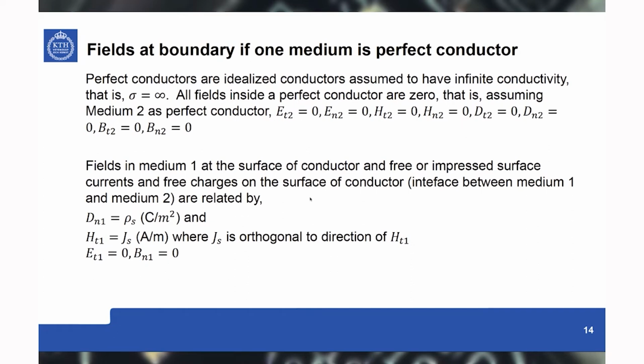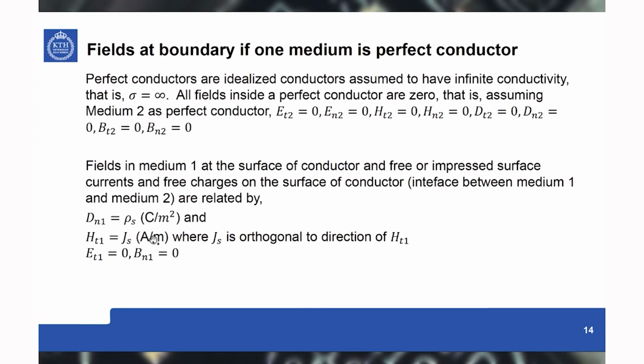Say, for example, the normal component of the electric flux density in medium 1 on the perfect conductor equals the surface charge density in coulombs per meter squared, and the tangential component of the magnetic field intensity on the surface equals the current density on the perfect conductor.